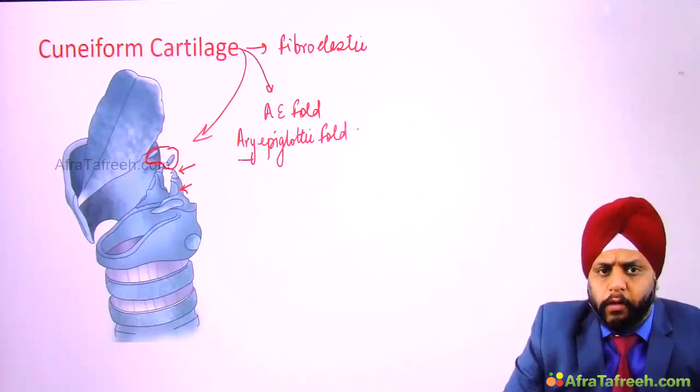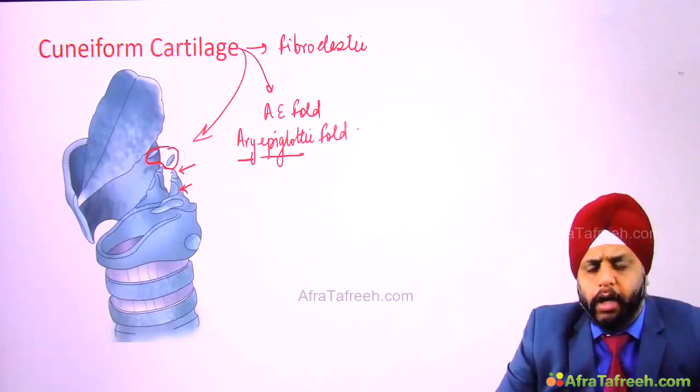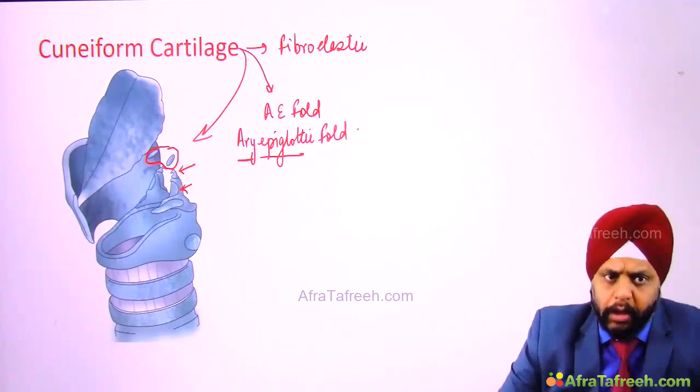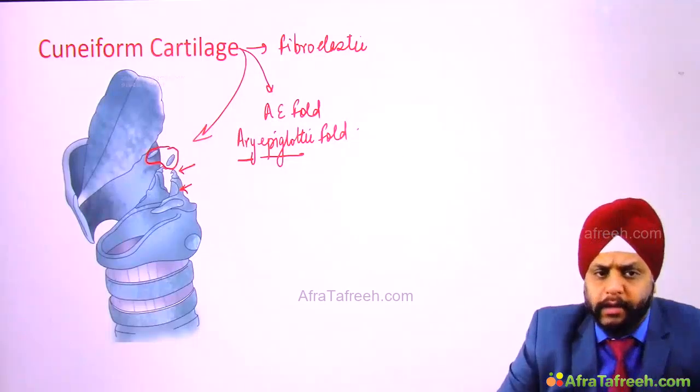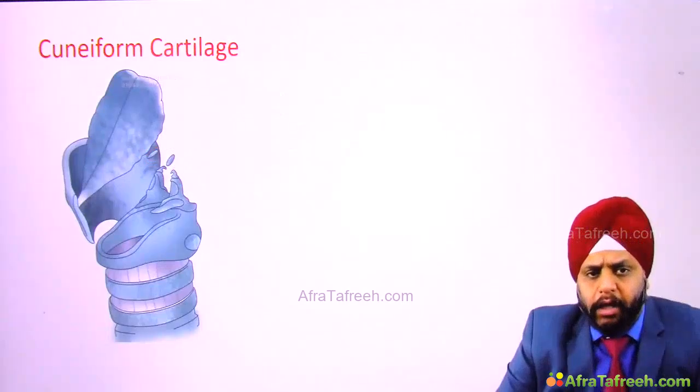That's a mucosal fold between the arytenoid and the epiglottis. So cuneiform cartilages are inside the AE fold, and we'll study them later when we see the AE fold.